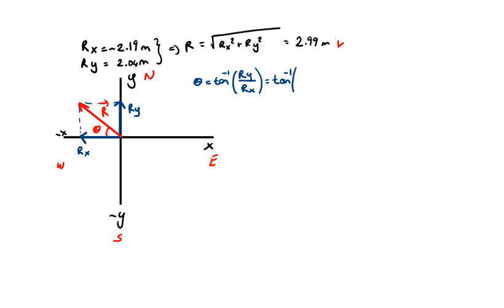Now we're going to find theta. We already know from before that we can find theta using tangent inverse of Ry over Rx. So I'm going to punch in tangent inverse in my calculator, and over here I'm going to put Ry 2.04 and 2.19 Rx.